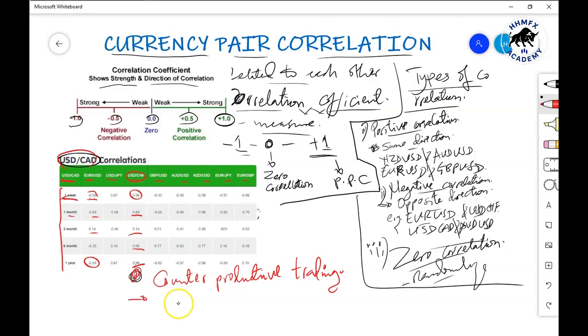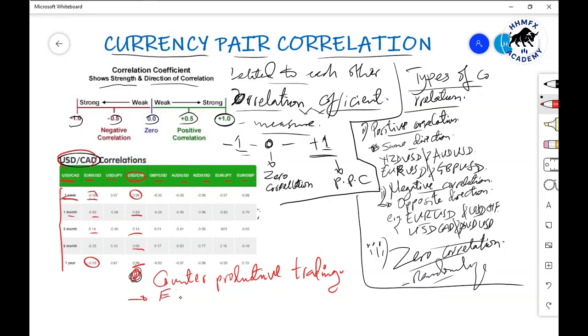You open 2 positions with the same lot size in the same direction. Example, you are going short, selling Euro USD, let's say.